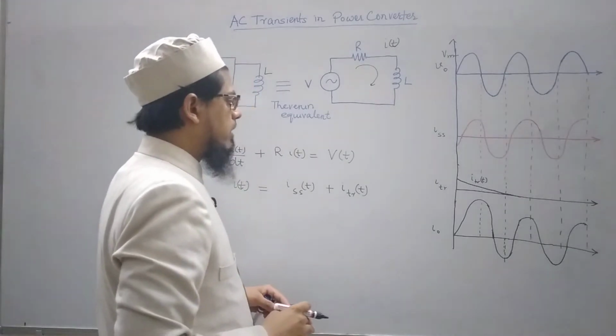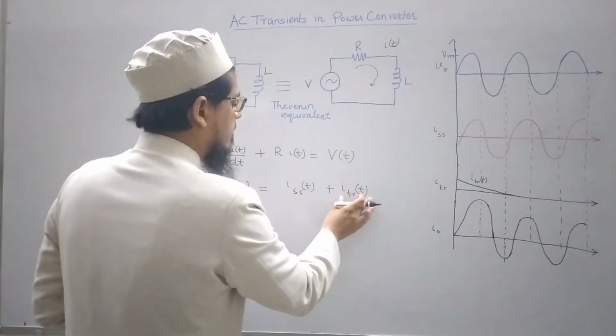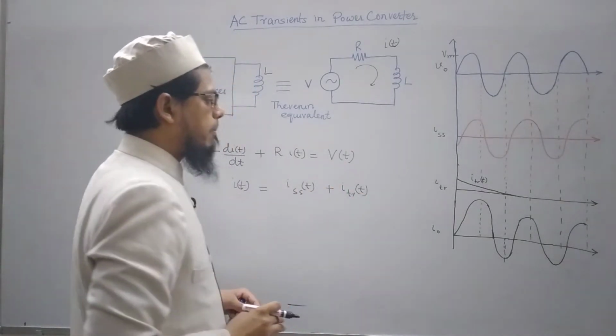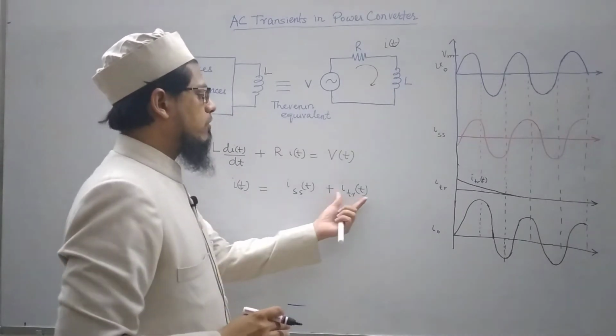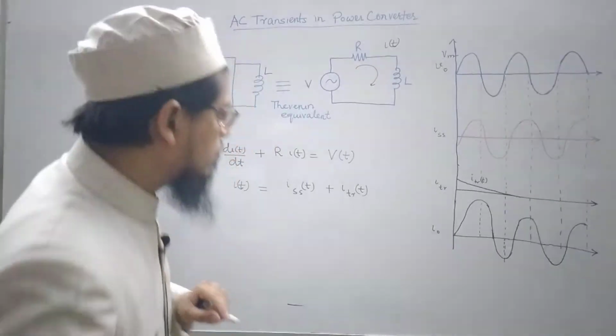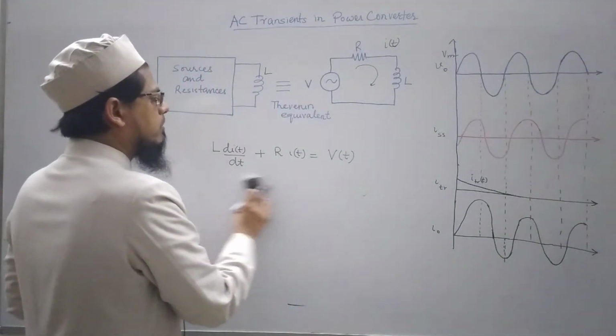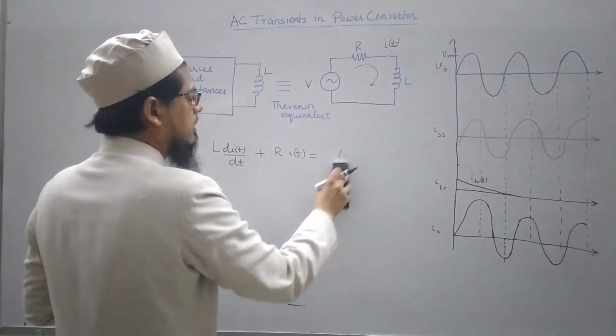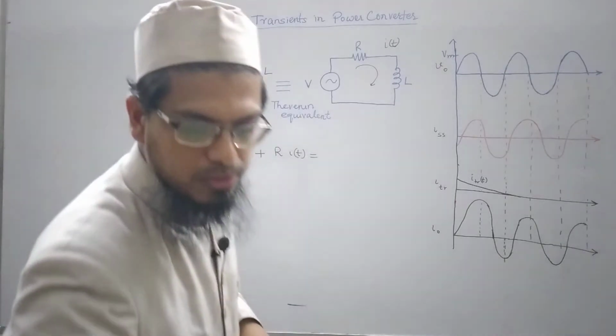So we will first find the transient expression for the current. For that we will assume that this forcing function is 0.